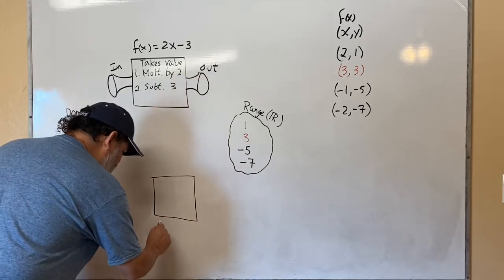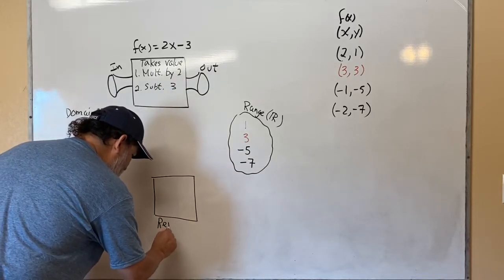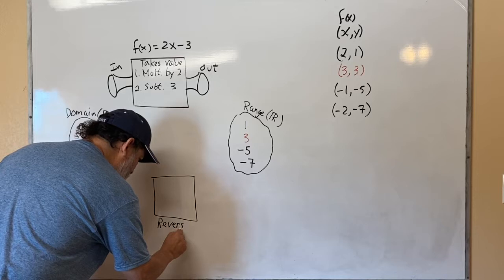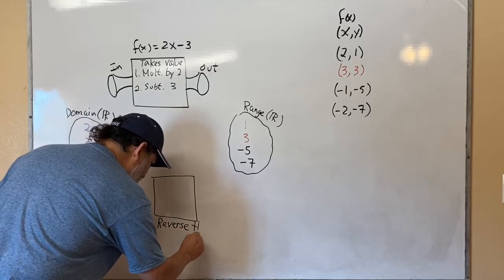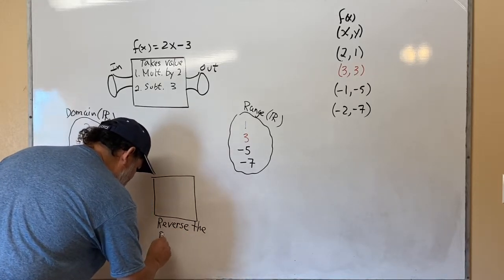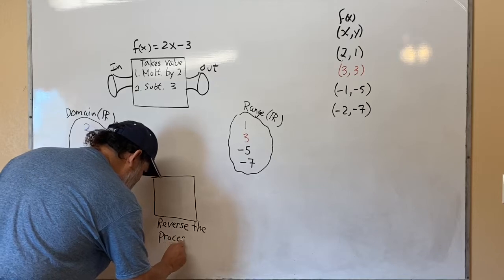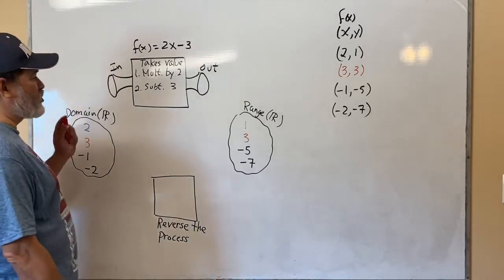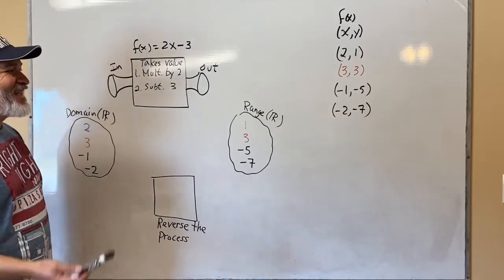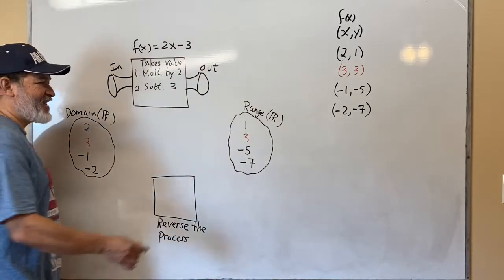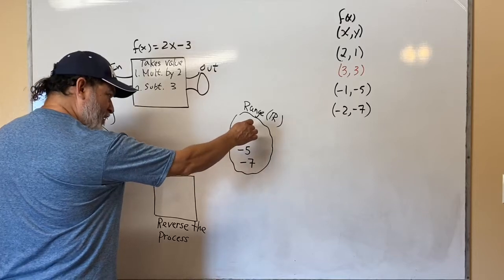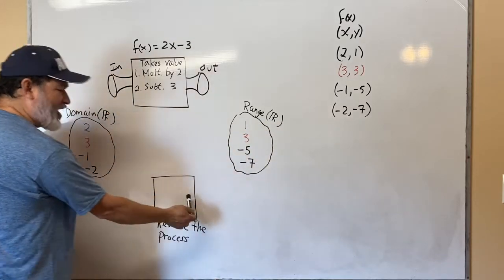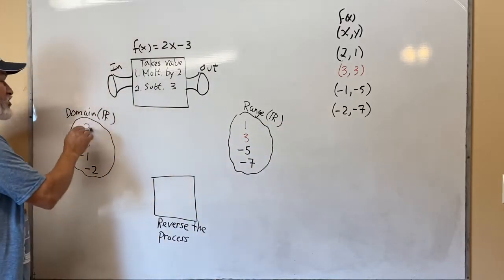This function is going to reverse the process. If it's going to reverse the process, it means that if you send in 1 into this function, you better get 2.